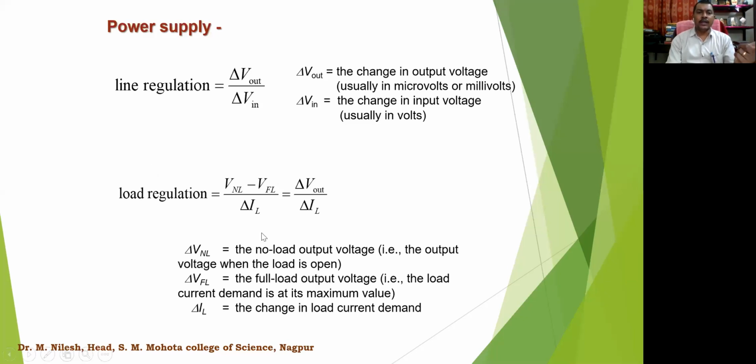So in load regulation, we have voltage with no load minus voltage with full load divided by the current flowing through the load. That will give you the load regulation.